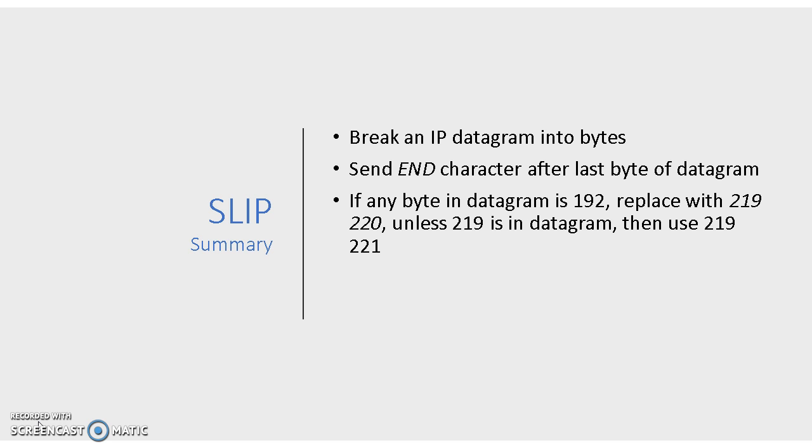Unless 219 is in the datagram, then it uses 219 221. What this does is let them know that that number needs to be either 220 or 221 or 192. Then if any byte is a 219, it is replaced with 219 221, as I just said a moment ago.